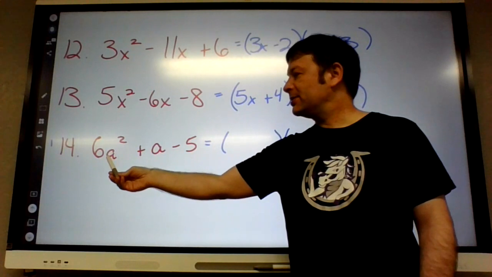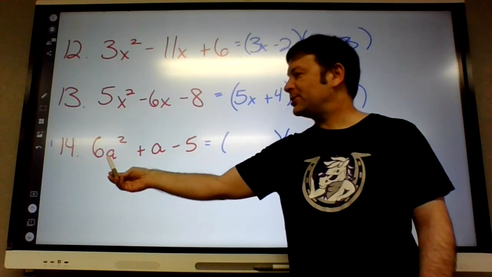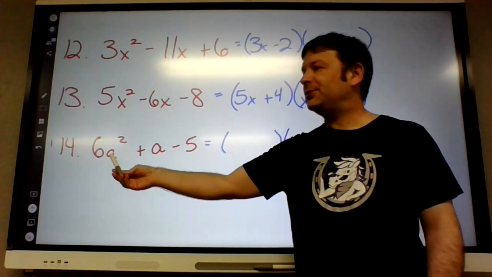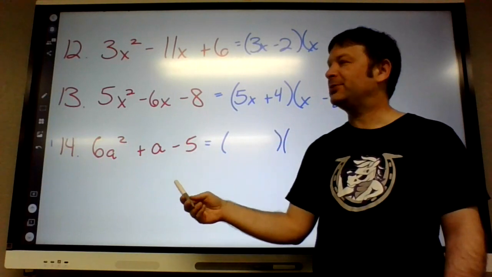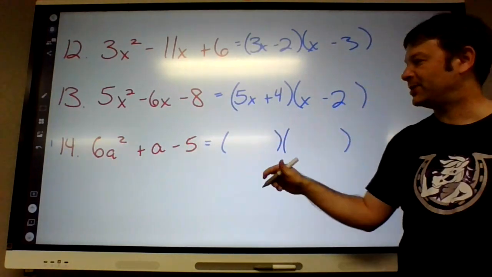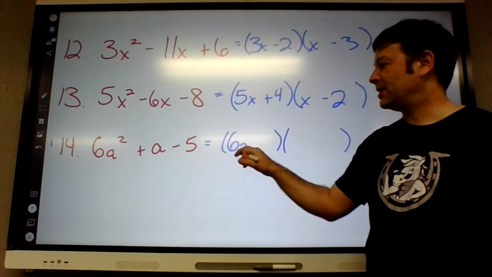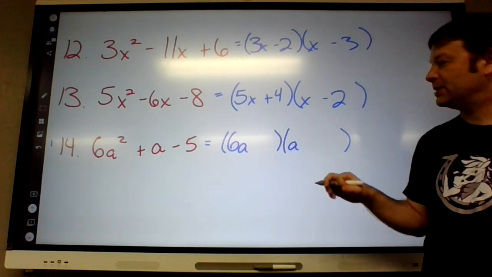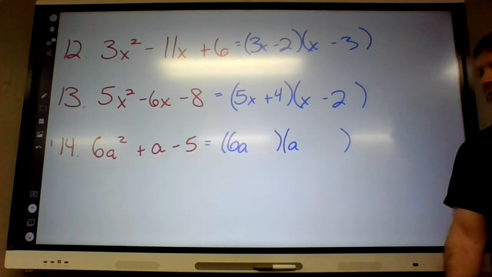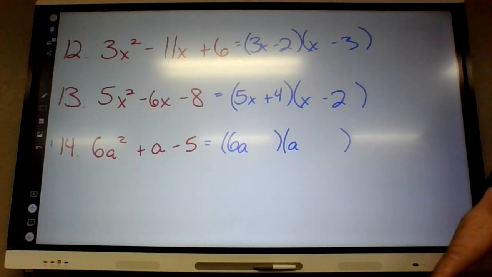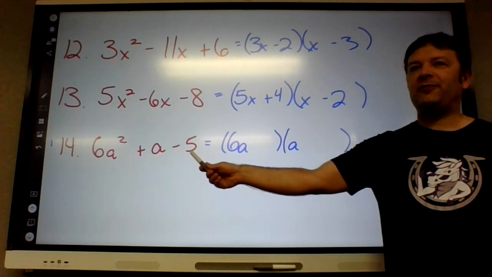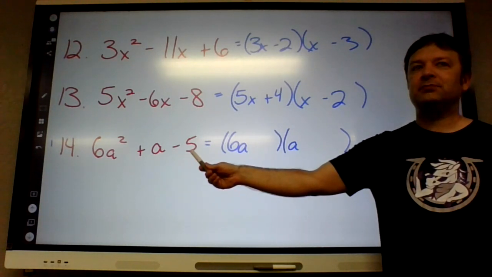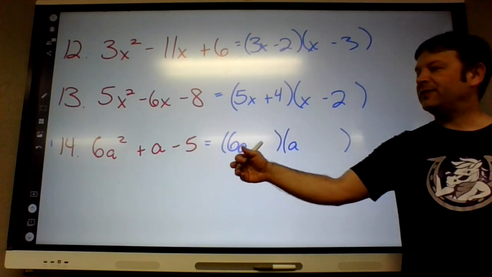Okay, what goes into 6a squared is 3a and 2a, but that doesn't work on this one. So what else goes into 6a squared? 6a and 1a. And then for -5, what goes into that? 5 and -1.